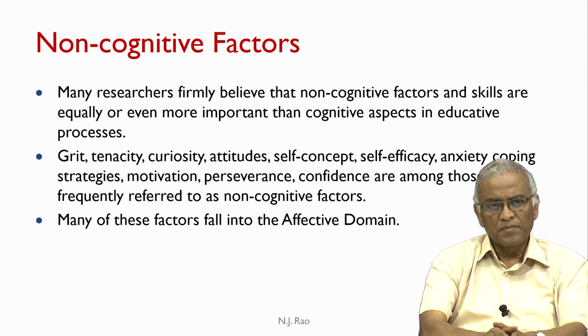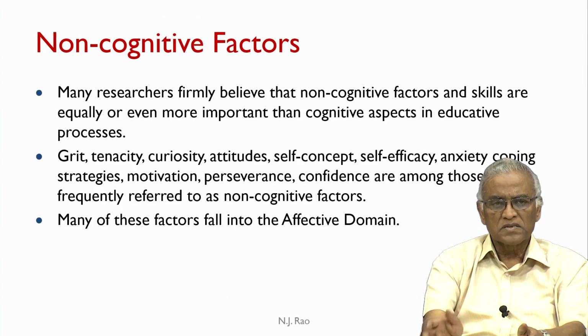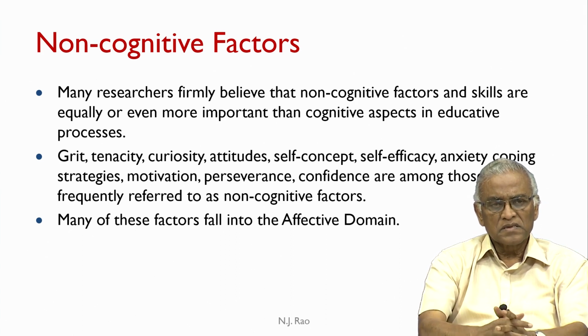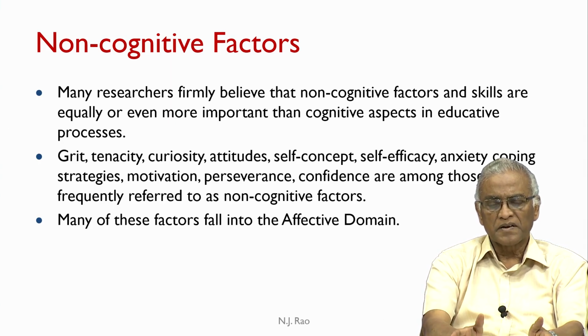Let us take an example. When the teacher starts a lecture, if the student for some reason is not even willing to pay attention, leave alone the subsequent ability to understand or not understand, if for some reason he has a negative feeling about the whole thing, he will not pay even attention. If he does not pay attention, there is no possibility of his learning anything from that.